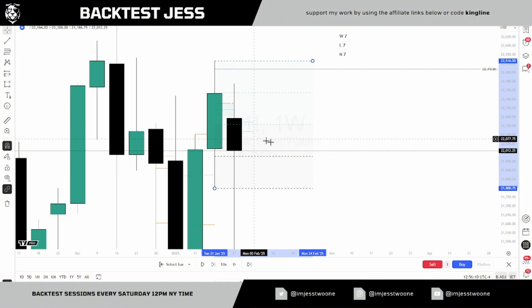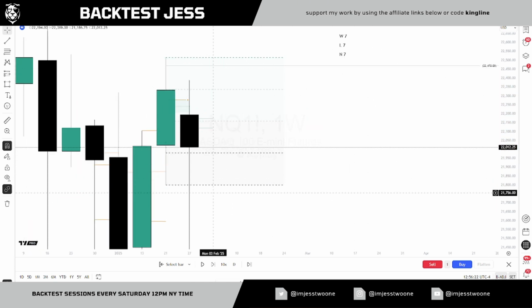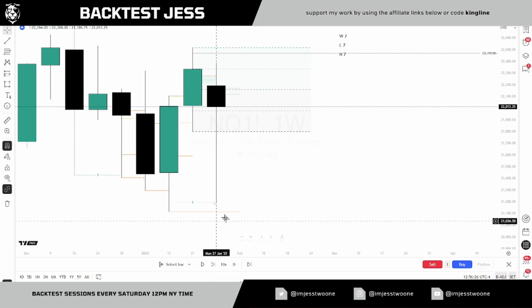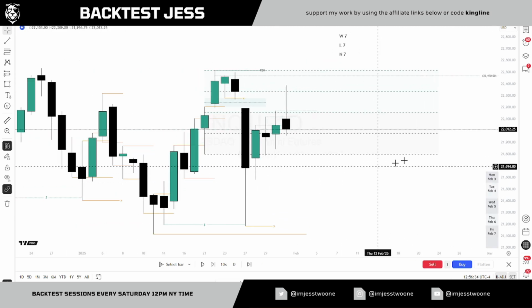This is deep discount, and this is discount, this is premium, and this is deep premium. So 25 to 50% is discount. So we did not close in the lower quadrant either. So I would approach this next week as neutral personally, but you can approach it as bearish if you want, being that we didn't close above previous week EQ. That's just how I would apply logic on the weekly bias.